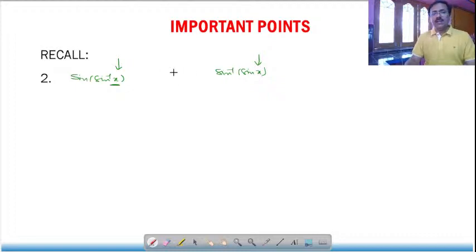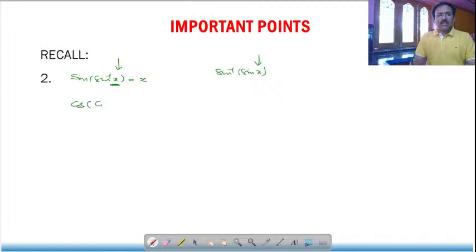So generally they are not the same functions. On the given domain, that means -1 to 1, sine of sine inverse x is always x.